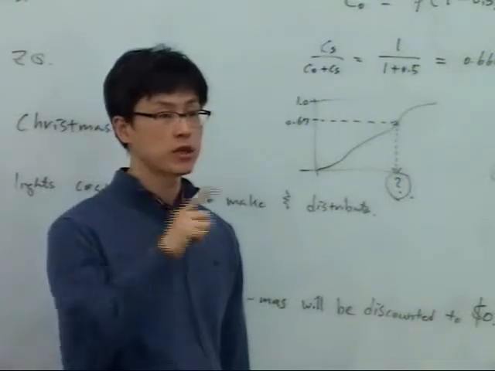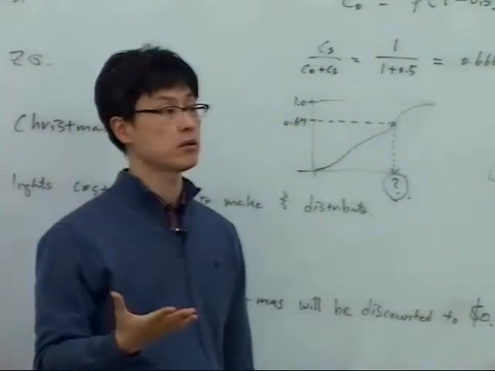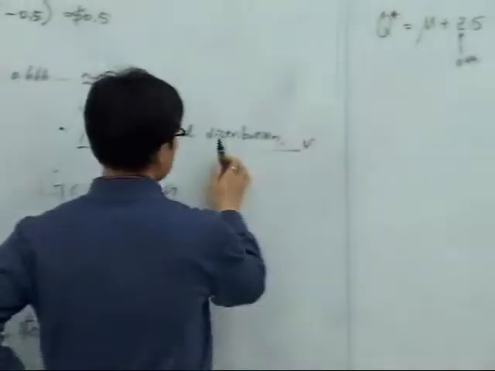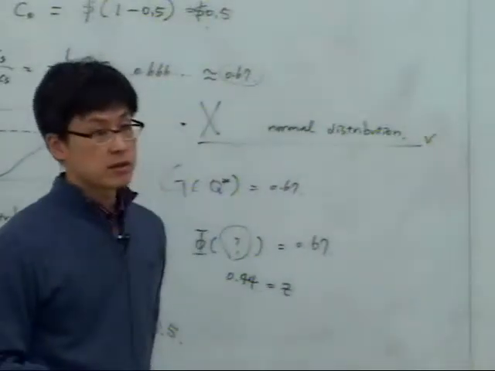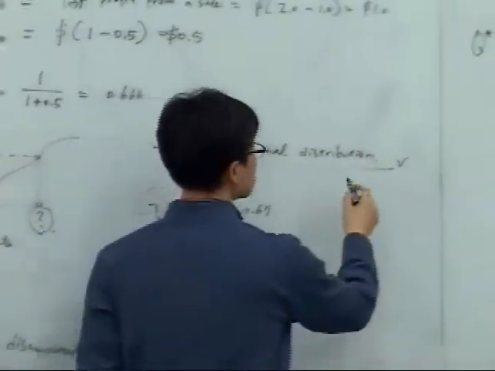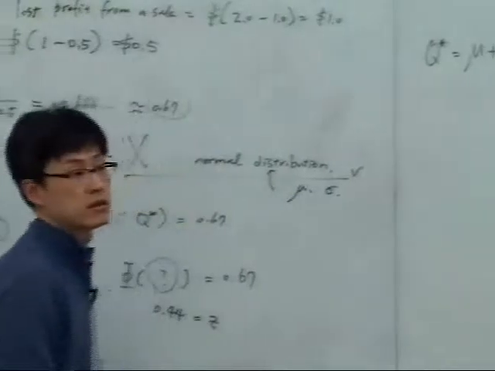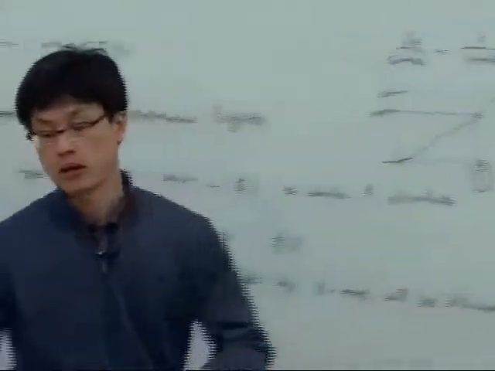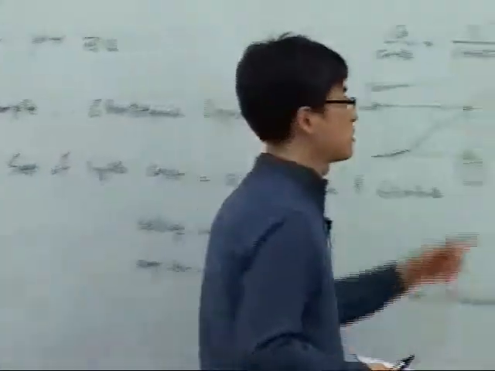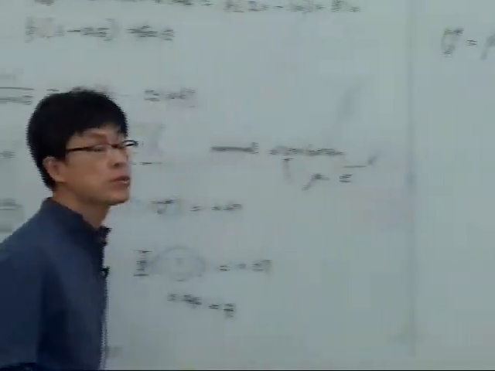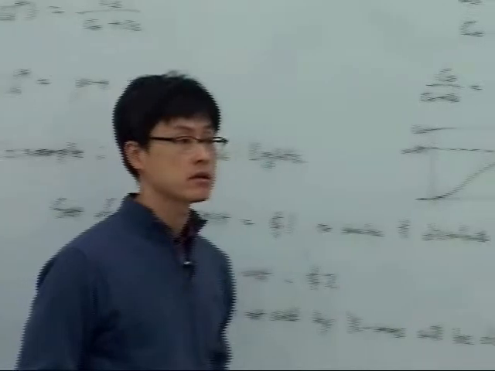Without these two values, you cannot draw the normal distribution curve. It's too general, right? So in the demand forecast, we have to specify this and this value here, and we can use those exact values here and calculate the optimal inventory size.